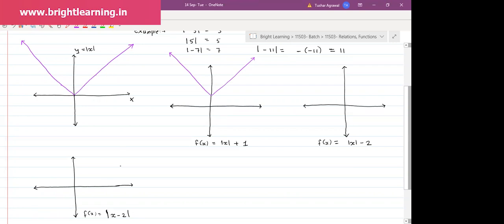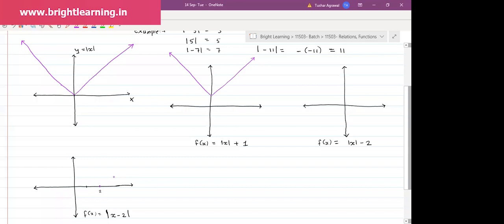Instead of modulus of x, now draw the graph of x minus 2. So convince yourself that the graph will be something like this, x equal to 1, x equal to 2. Exactly a V-shaped graph, just the bottom of that V shape will be at x equal to 2. At x equal to 2, the graph is 0. One step to the right of 2 and one step to the left of 2.